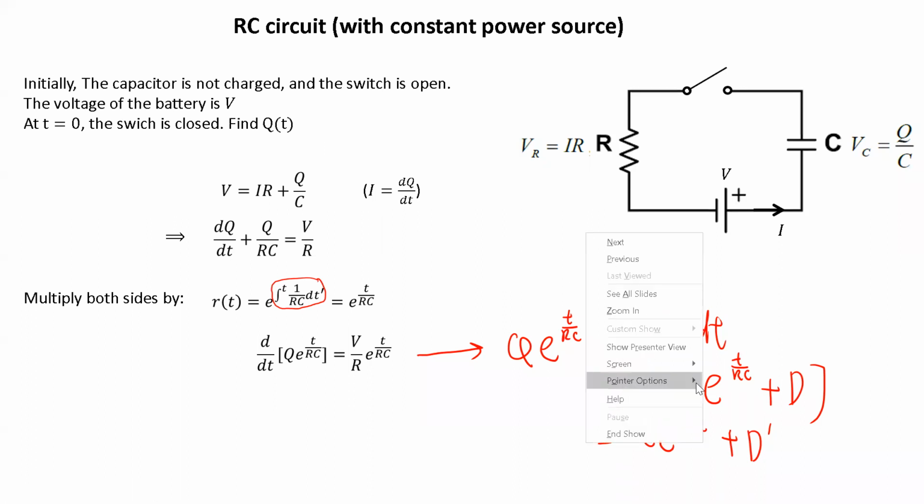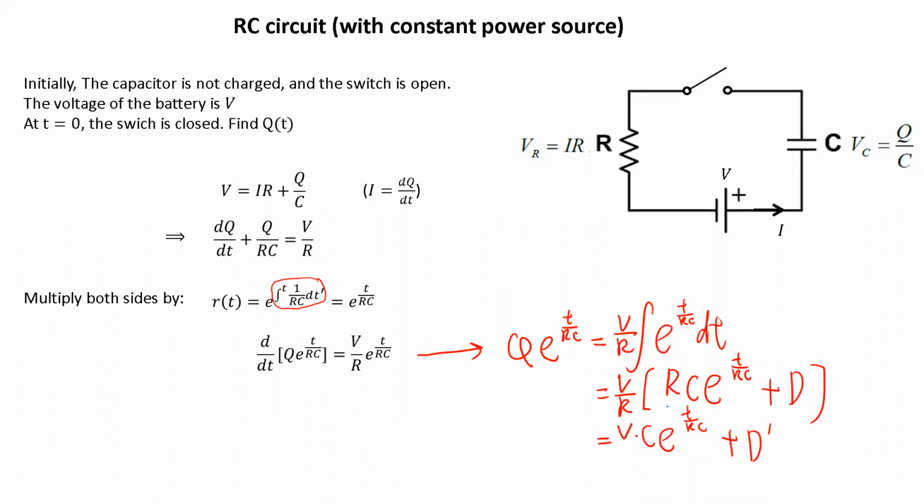So when t is 0, the left hand side is 0. The right hand side is V times C plus D prime. So that means D prime is given by minus VC.